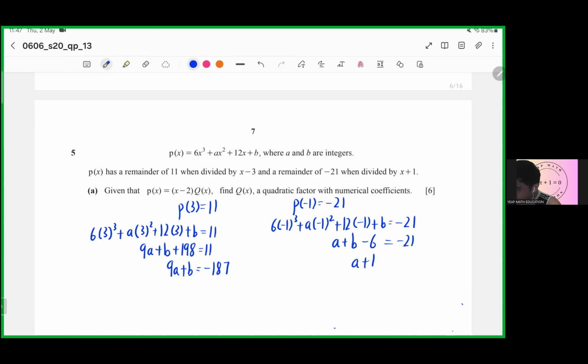So a plus b equals negative 15. So we get two equations here.